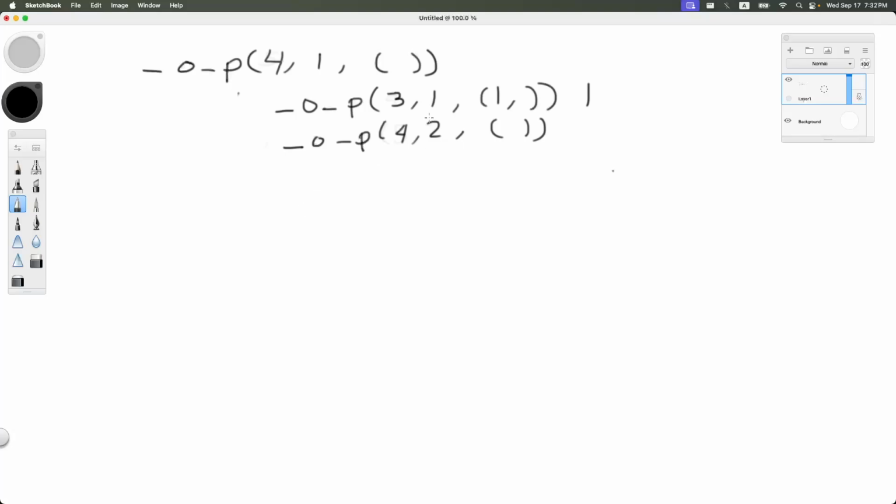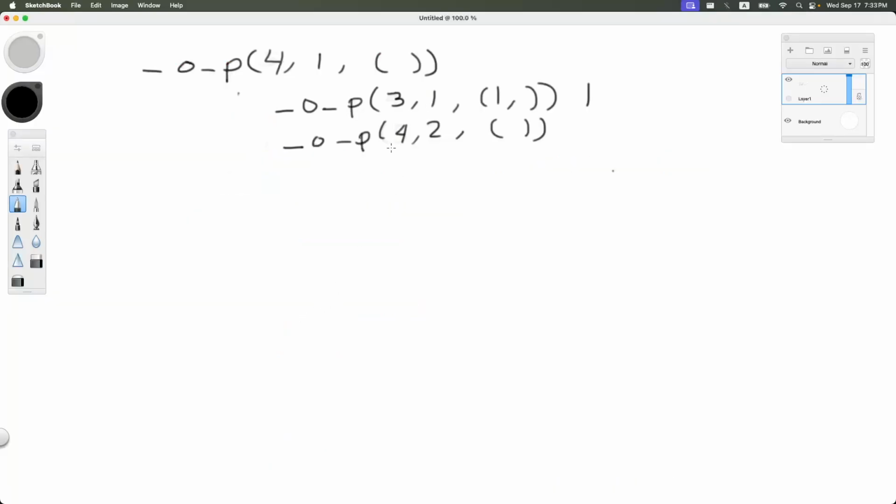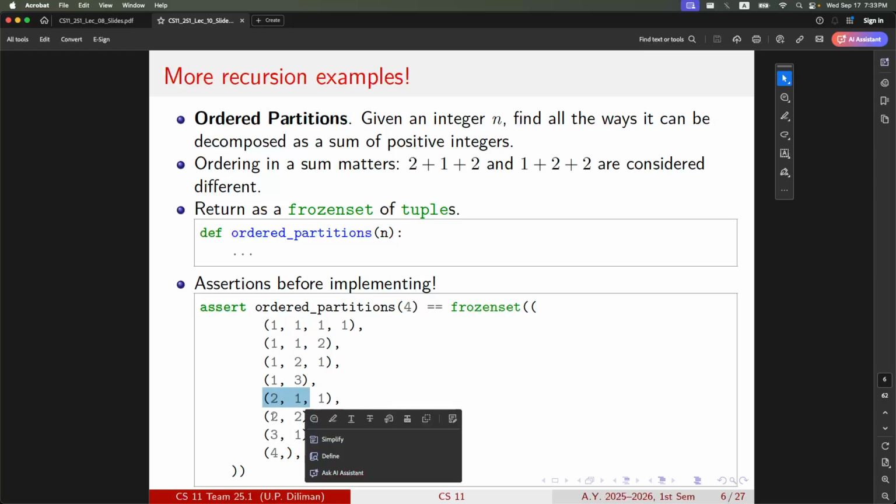The partitions of 4 that have 1 at the start as the first partition would be these, and then the other partitions that will partition 4, but the smallest size of the first partition is 2, would be the following.